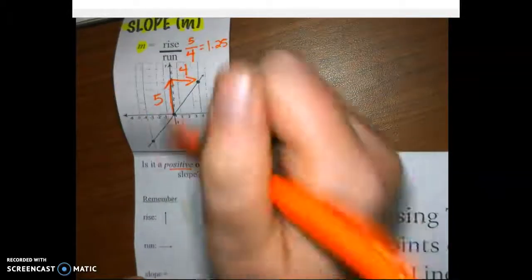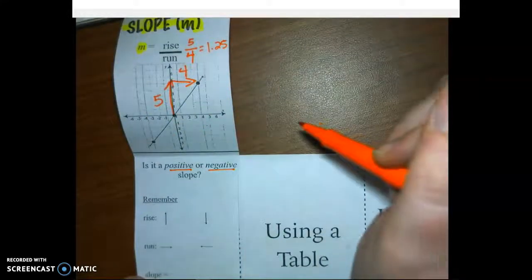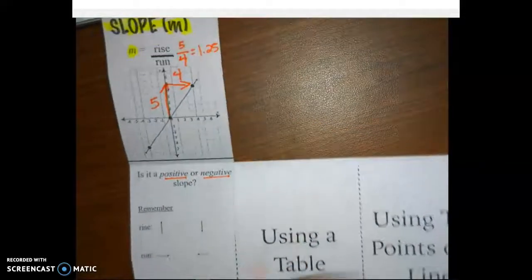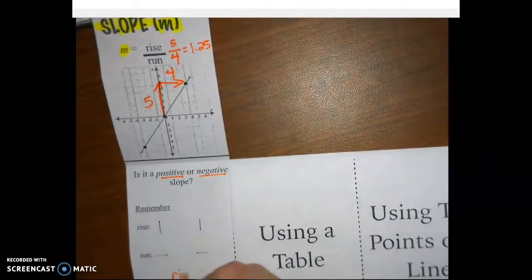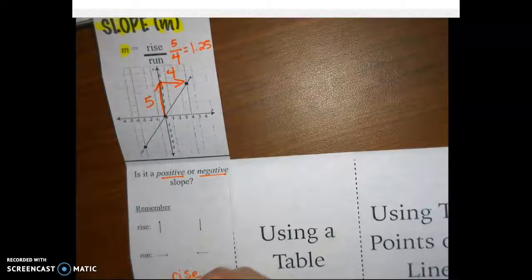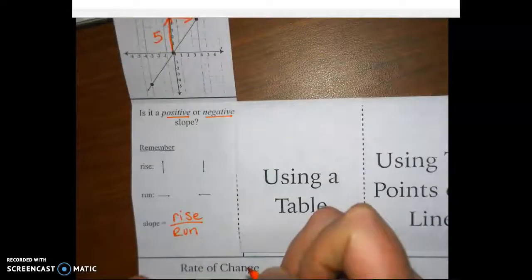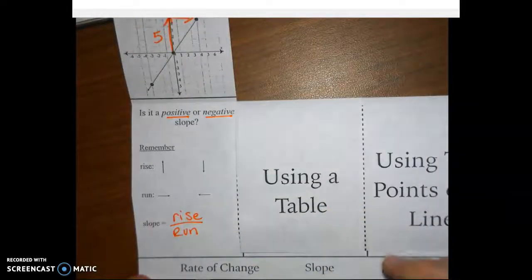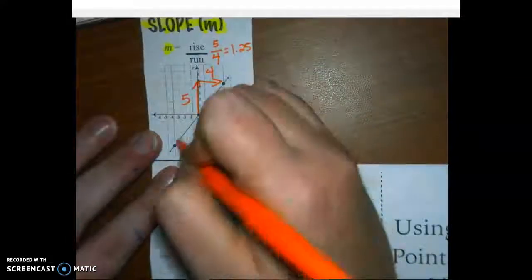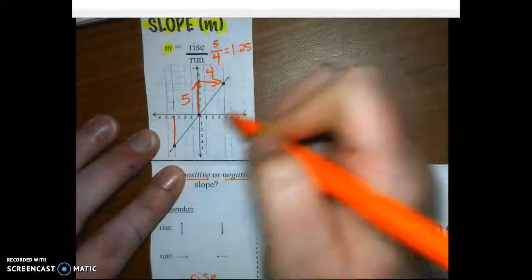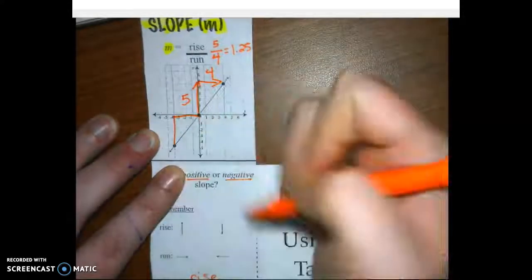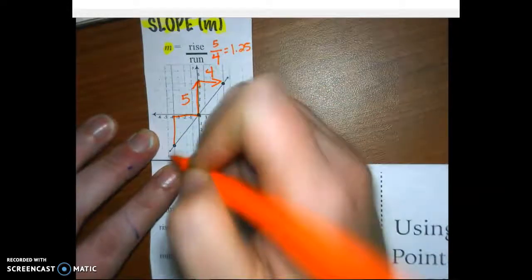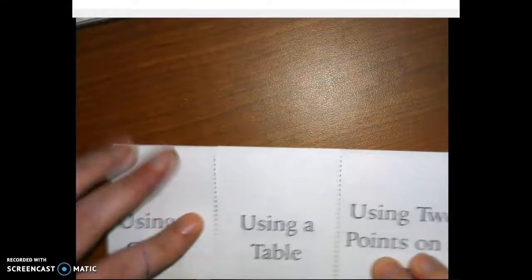If you had to go down and over, then your slope is negative. So this is rise over run. We love rise over run because it's really awesome. Right here, it's going to go up 5. It's going to go over 4. It's the same thing. Close that off.